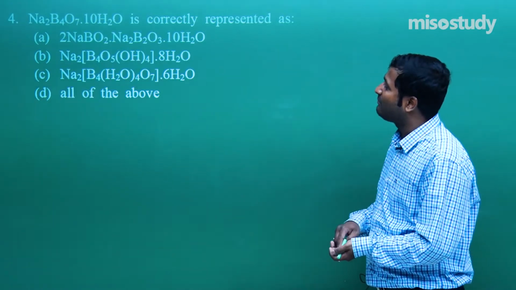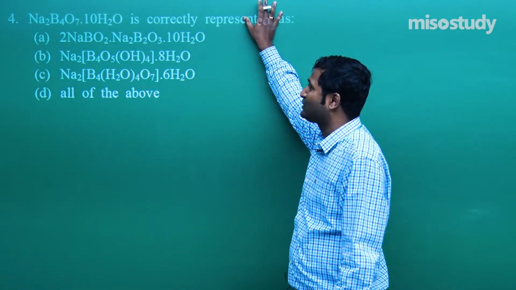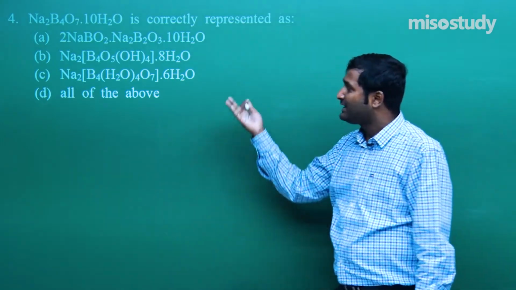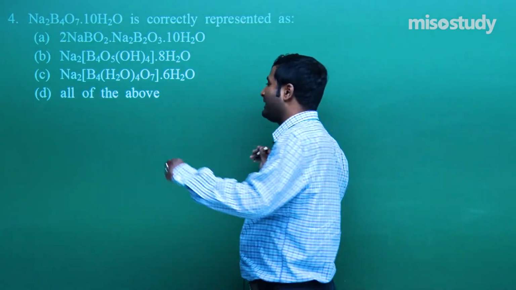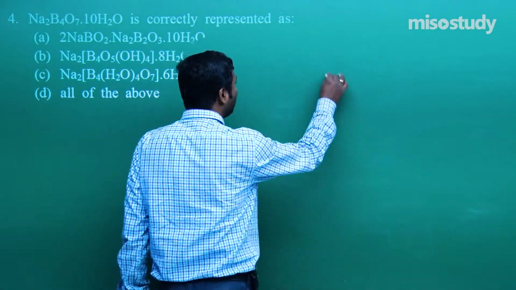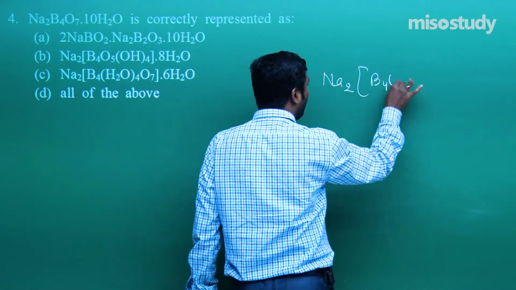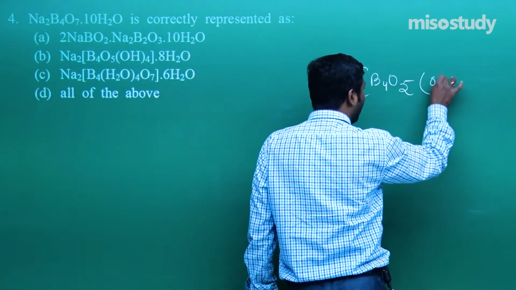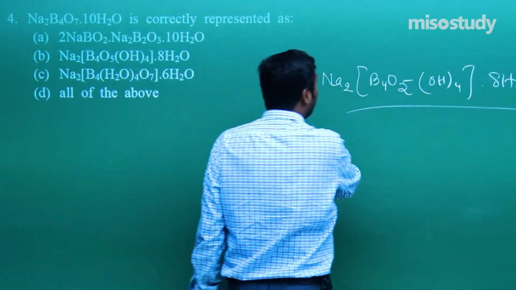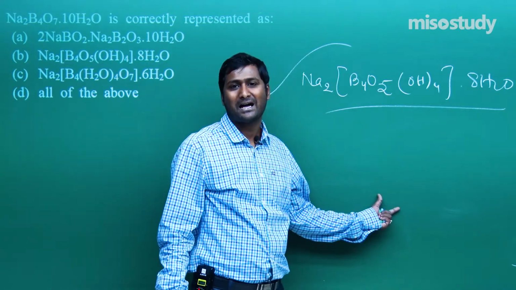Look at question number 4, that is Na2B4O7 into 10H2O. As I told you earlier in my last question, what is the correct representation of Na2B4O7? It can be represented like this: Na2[B4O5(OH)4] into 8H2O. By using this, we can draw the structure of borax.